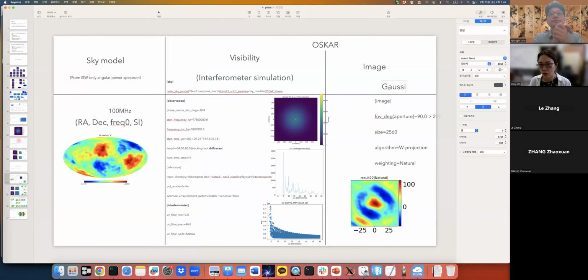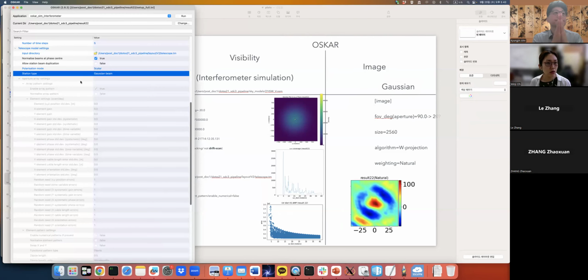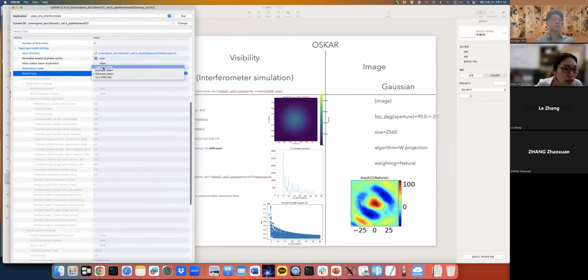So what's the difference? I mean, Gaussian is just an approximation. Usually it's like a Bessel function, not a Gaussian. In the realistic beam pattern, it's not a perfect Gaussian. You mean the aperture array is Bessel? Yeah, you have to simulate it because of the first application.